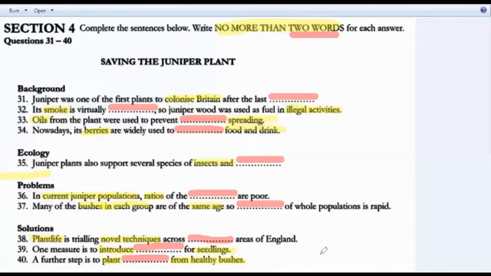And 40, plant something from healthy bushes. Okay, new plants, to plant new members, new items. Again, hard to predict. A lot of these are going to be quite abstract, but we know the part of speech for sure. Noun, noun, adjective, noun, and noun.